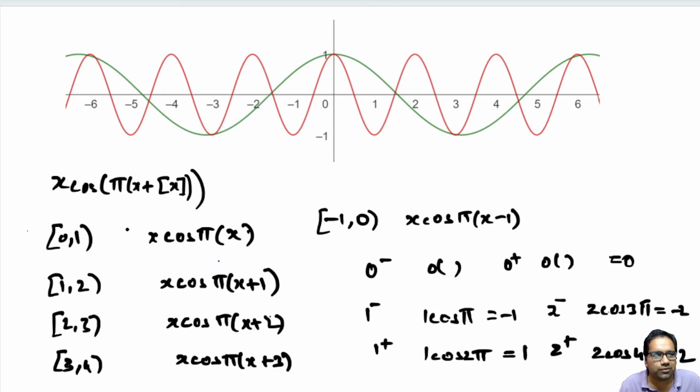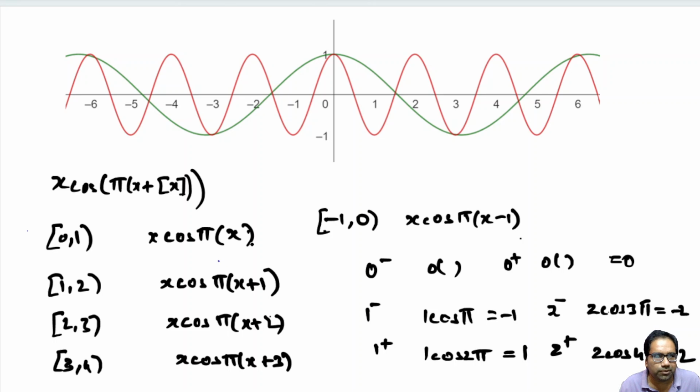For example, when approaching from the left of 0, that is from -1 to 0, x is approaching 0, and 0 times cos of something is actually equal to 0. If I approach from the right of 0, then x is 0, and 0 times something is again equal to 0. So at 0, it is continuous. What happens when you approach 1?